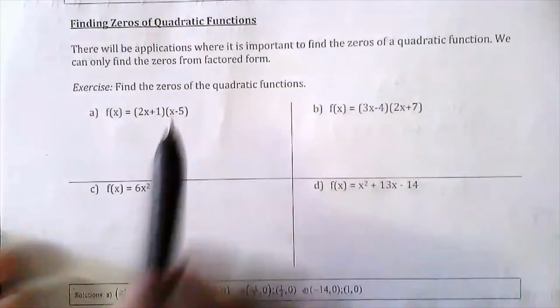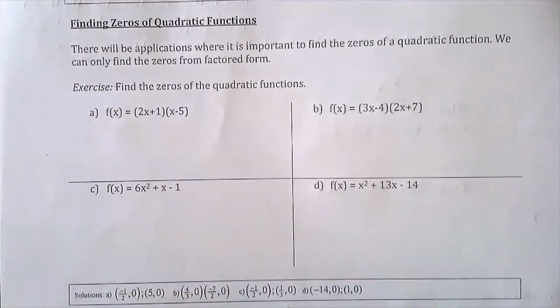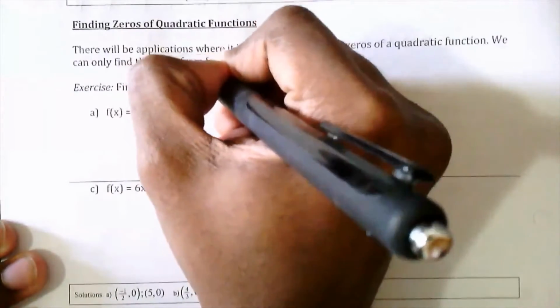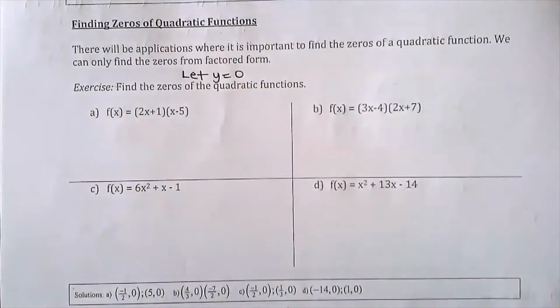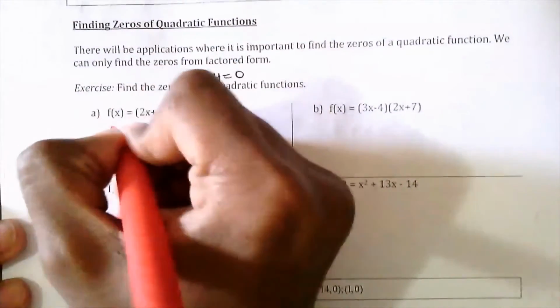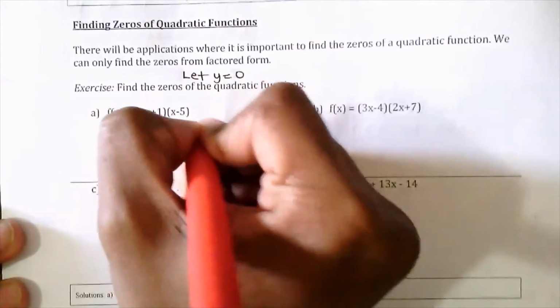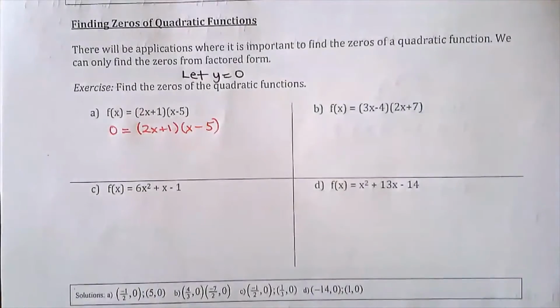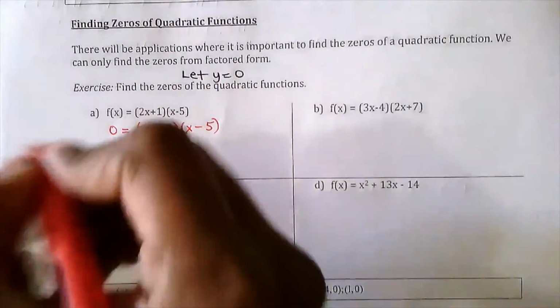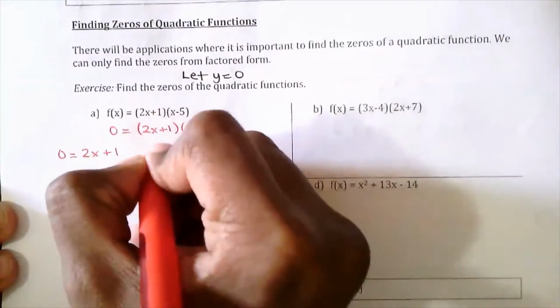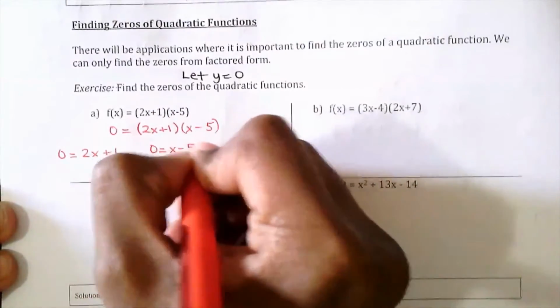So here it's given in factored form, which is nice because I know that to find the zeros or x-intercepts, I let y equal to 0. So I have 0 equals 2x plus 1 and x minus 5. I then set each factor to 0. So 0 is equal to 2x plus 1 and 0 is equal to x minus 5.